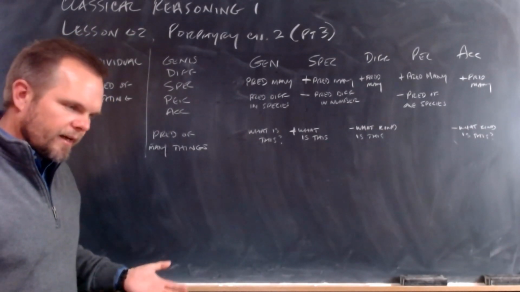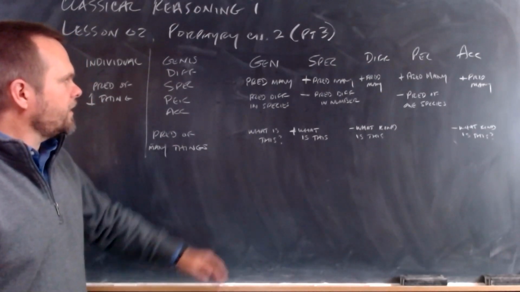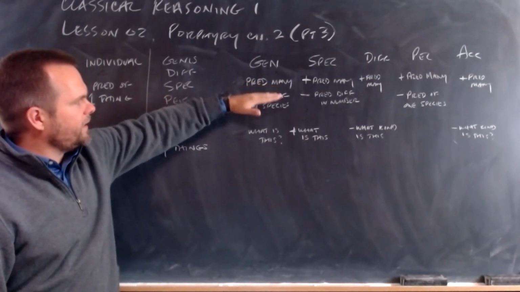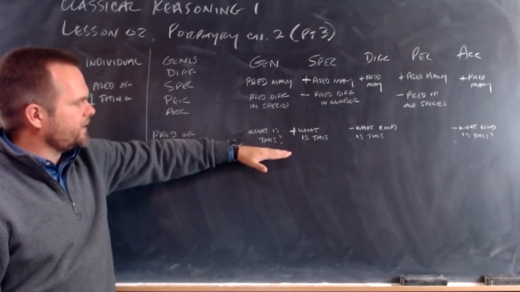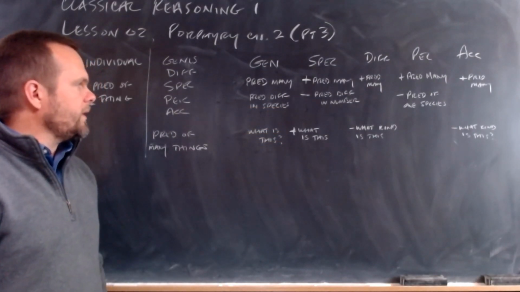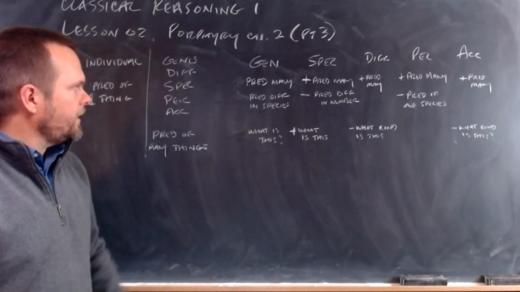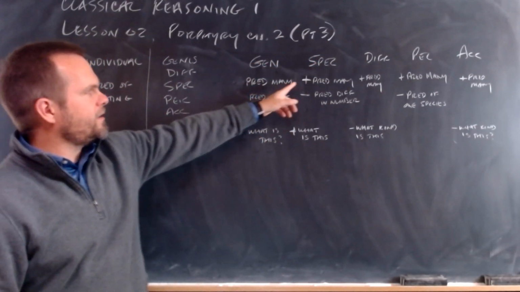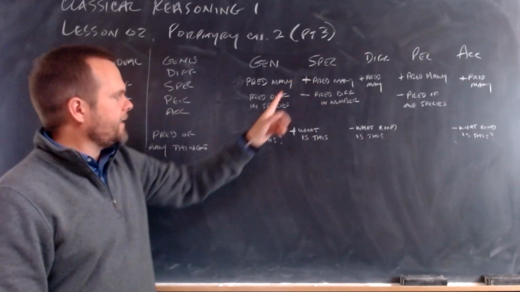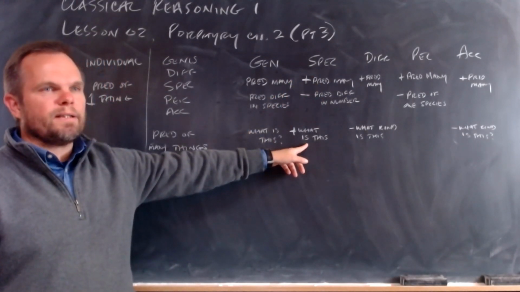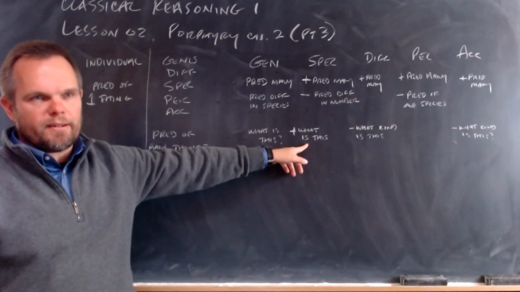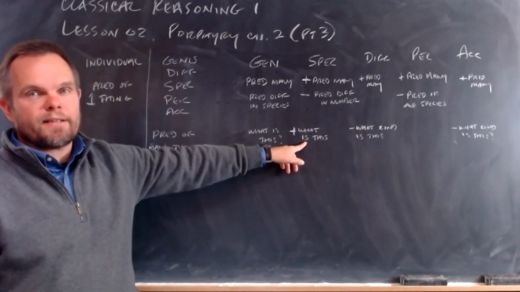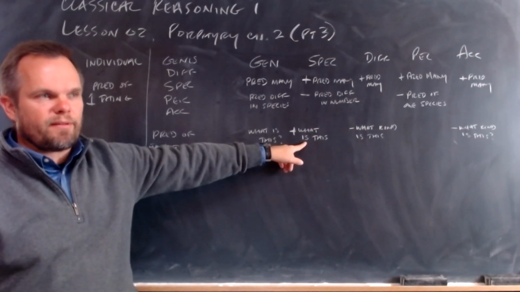We're going to work every day to learn these things. The definition of genus is a thing that is predicated of many things differing in species, answering the question, what is this? How is genus like species? They're both predicated of many things, and they both answer the question, what is this? We're going to learn that in a bit. They both answer the question, what is this? They ask a question about the essence of a thing.